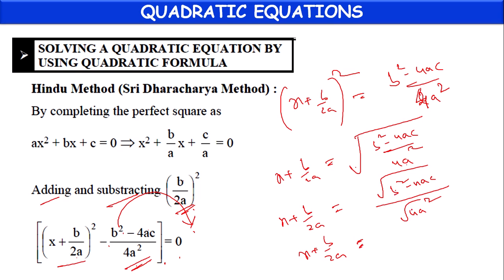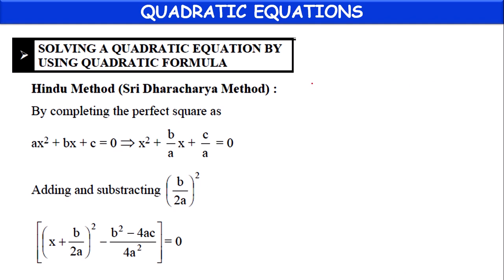Downside part square, 4 we can write as 2 square. Square root gets cancelled, 2 will remain. In a square, square root gets cancelled, a will remain. So root of b square minus 4ac by 2a is remaining.